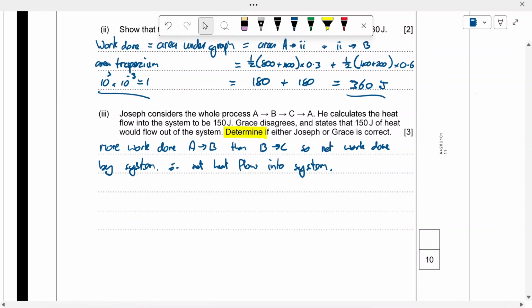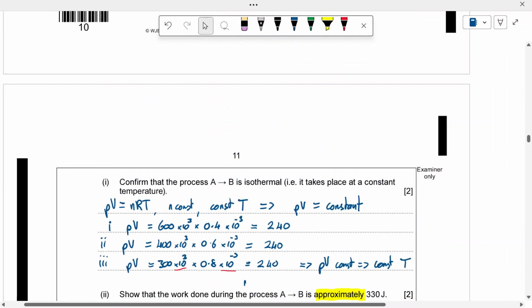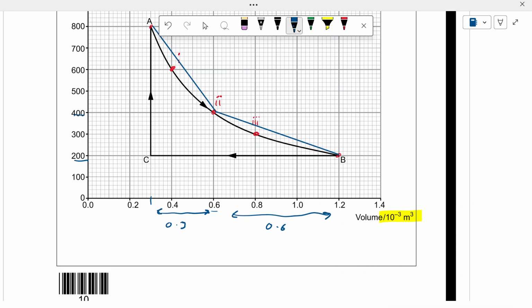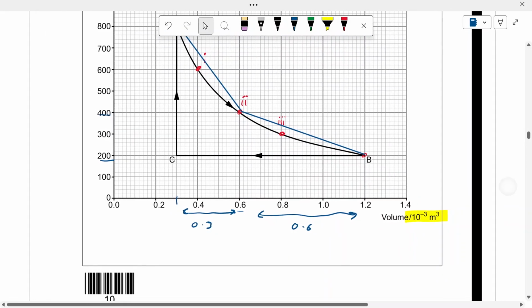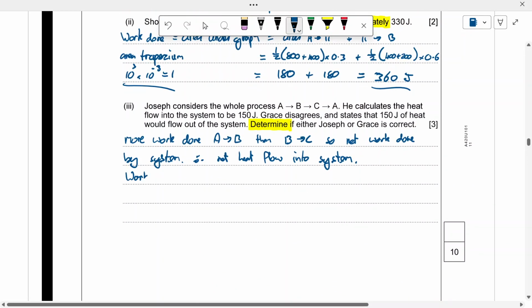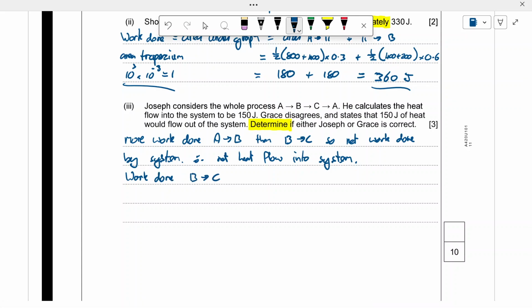The next step then is to calculate the amount of work being done from B to C. So the area from B to C, this is at 200 and goes from 1.2 to 0.3. That's from B to C. So that's 180 joules.